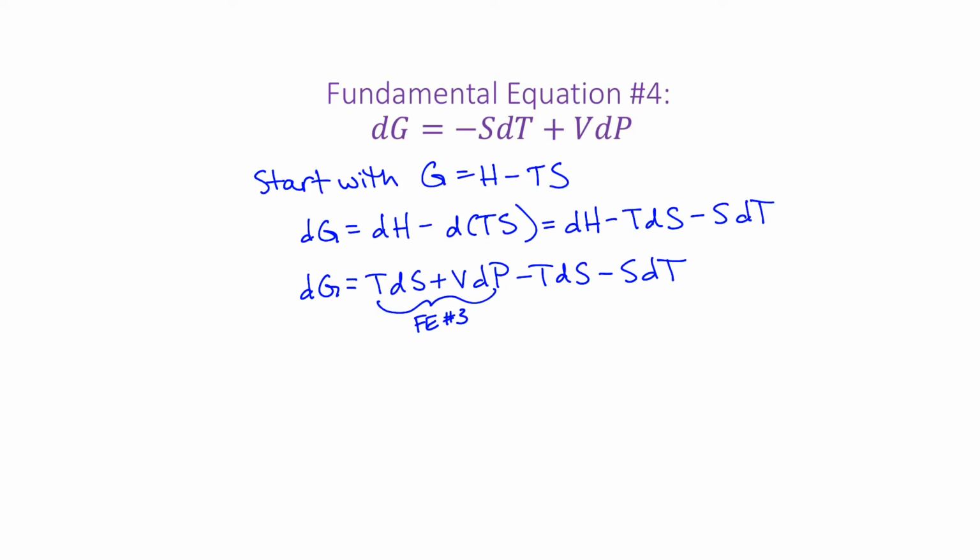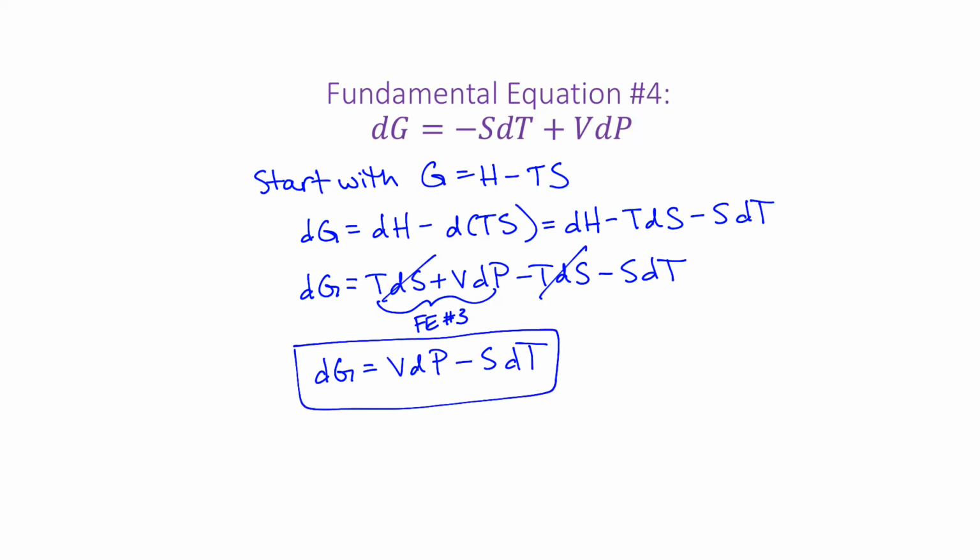Okay, so looking at this, we see we can cancel those out, and we are left with dG equals VdP minus S dT, which is in a different order, but in fact what we were going for, our fundamental equation number 4.